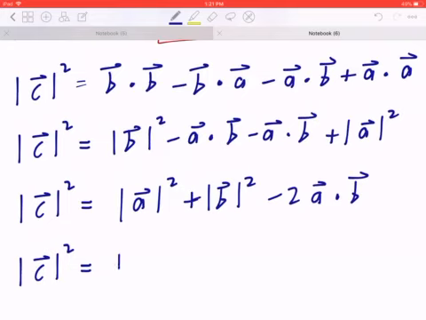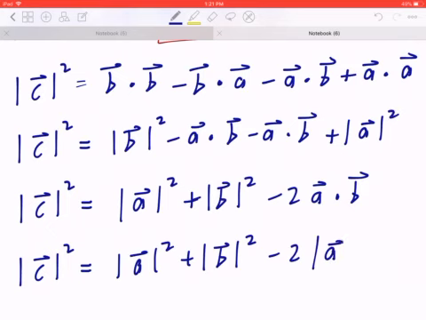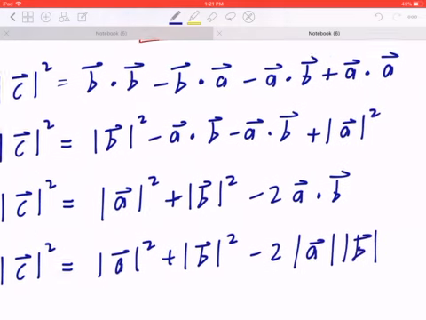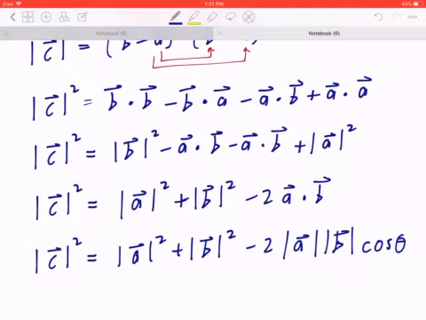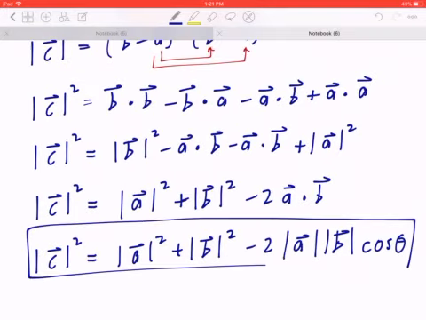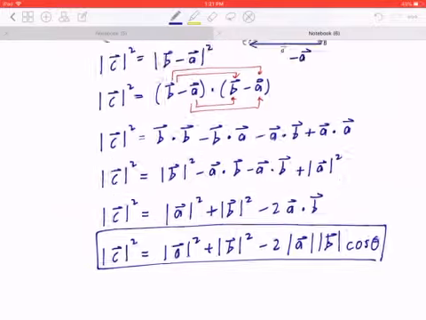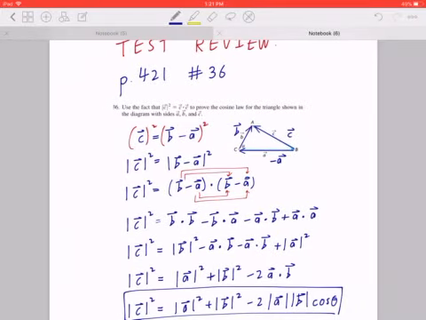And by definition, you copy the first term, you copy the second term, but the last part, a dot b, by definition is the magnitude of a times the magnitude of b cosine theta, which is exactly the cosine law. I hope this makes sense.